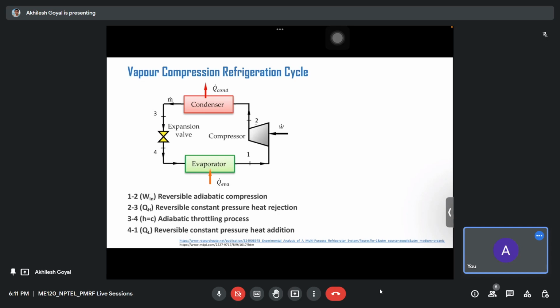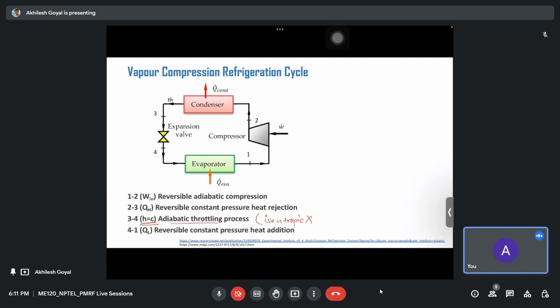Third one is constant enthalpy. H is constant in process 3 to 4, that is the expansion valve, and it is happening adiabatically. This process is adiabatic but not isentropic, and enthalpy H is constant because there is no heat transfer happening and there is no work transfer happening in the expansion valve.